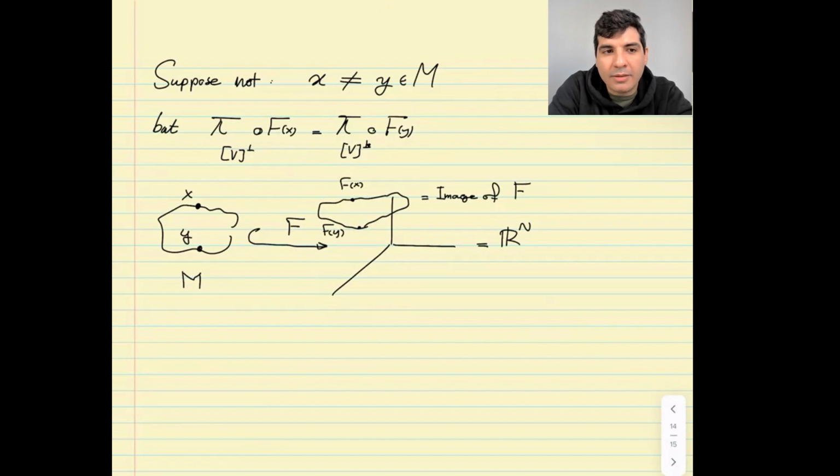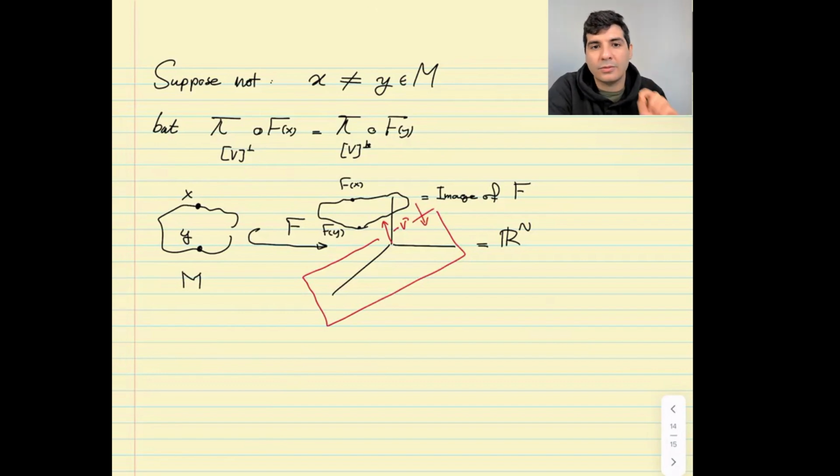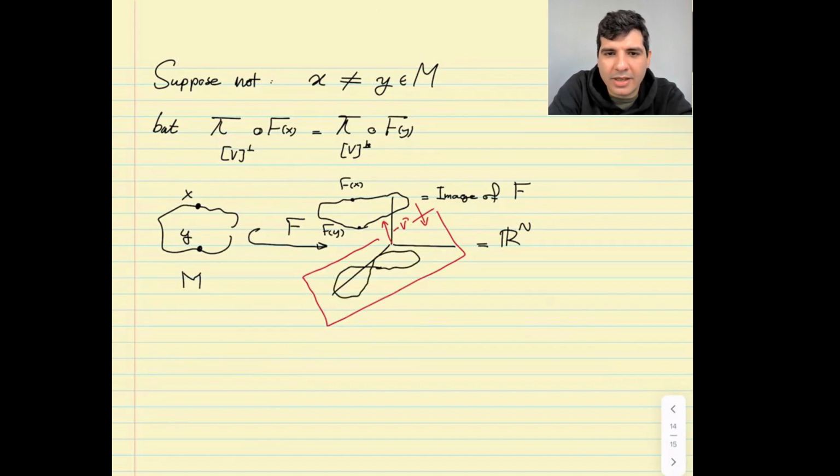But then when we compose this map with a projection to the direction normal to v, we are assuming that pi of f of x equals pi of f of y. So it must be that after taking the projection, f of x and f of y collapse to the same point. Schematically, let's say this is the image of projection, and f of x and f of y go to that intersection point. They go to the same point in Rn minus 1.